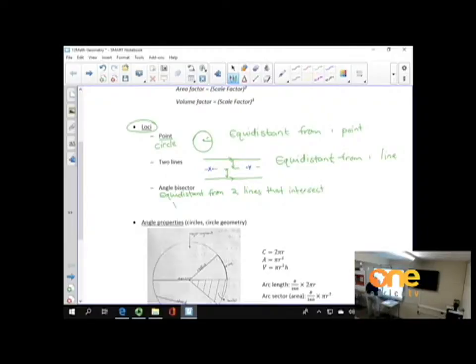And if, for example, we have A, B, C, it means your loci will be the line on B that is exactly the same amount away from A as it is away from C. So these two angles will be exactly the same, and the distance from the line AB and the distance from the line BC will be exactly the same.